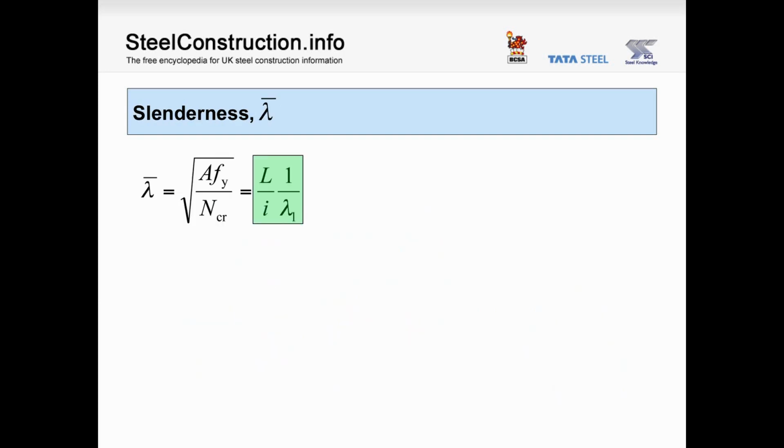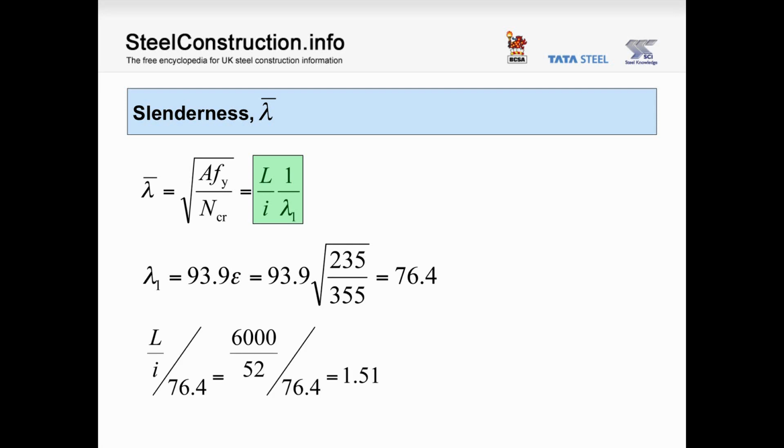We can then calculate lambda bar. First of all, we need to calculate lambda 1. So lambda 1 is 93 epsilon. Epsilon is the root of 235 divided by the yield strength. So in this case, lambda 1 is 76.4. So lambda bar, therefore, is L over i divided by lambda 1, which results in a value of 1.51.